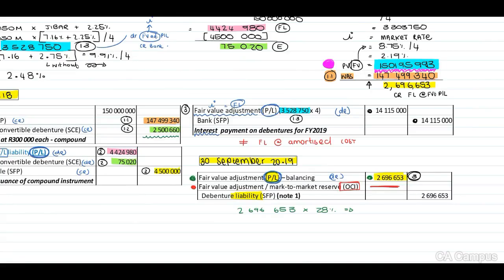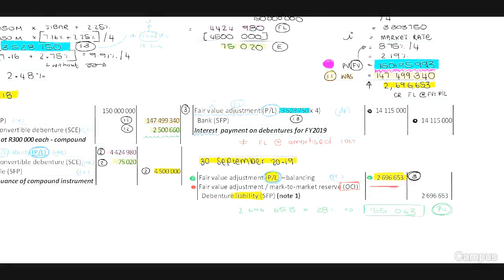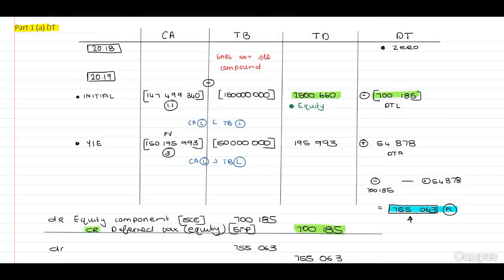If you take that times 28%, you will have a total of 755,063, right? And that will have an effect on your profit and loss. You with me on this one? And we need to debit our deferred tax, statement of financial position, and we credit our income tax expense in our profit and loss. Okay, so we credit the income tax expense.